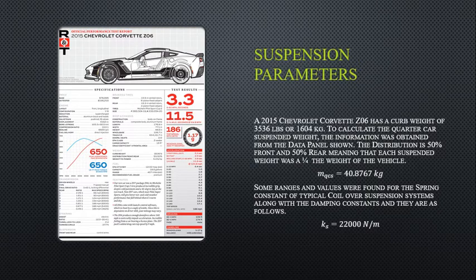Because it has a 50-50 weight distribution from front to back, it was very easy to calculate the quarter car suspension and get the mass for that. For the damping constants, I used similar values, like K being 22,000, mainly to give an idea of what my parameters were for this suspension analysis.